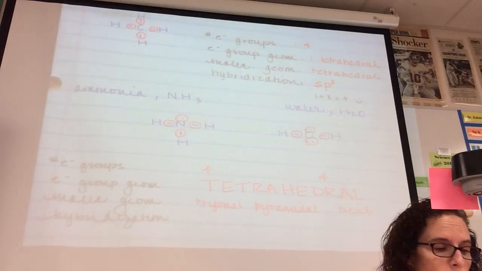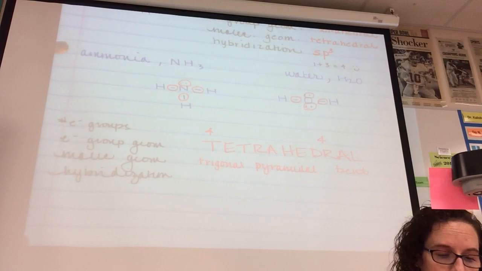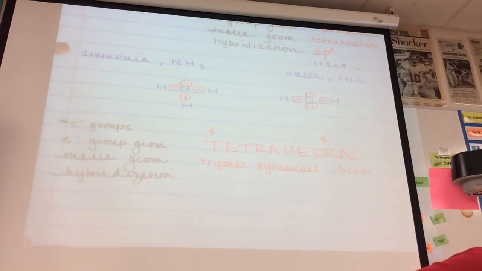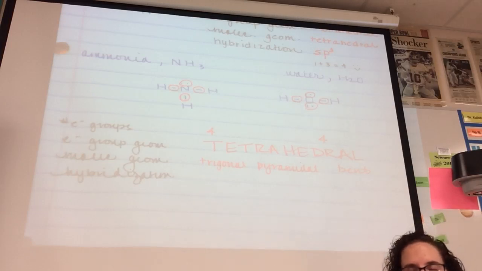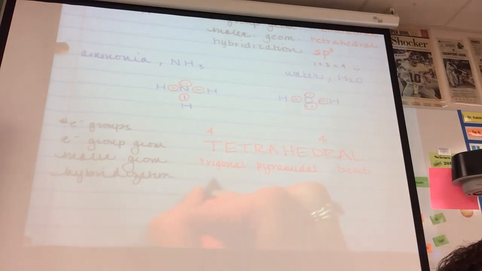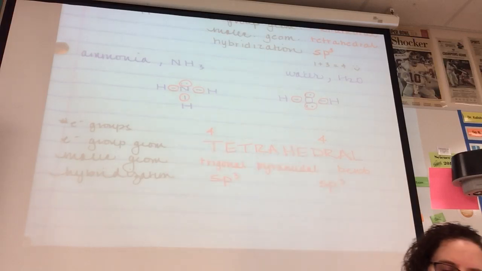We actually won't really be getting into the newer molecular geometries in regard to hybridization because they will not ask you anything past tetrahedral electron group geometry for hybridization. But both of these still illustrate sp3. 1 plus 3 is 4.